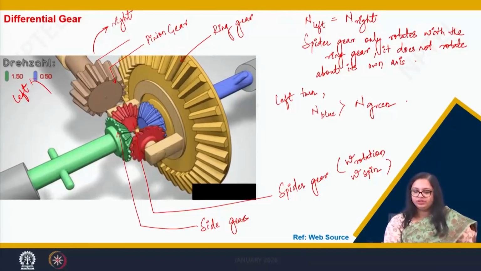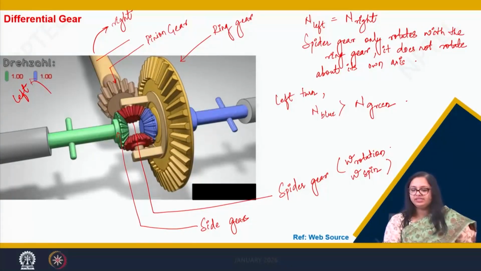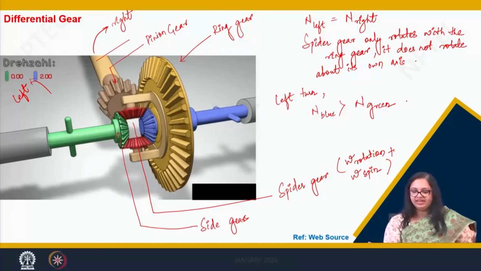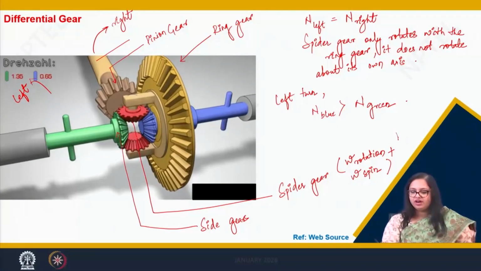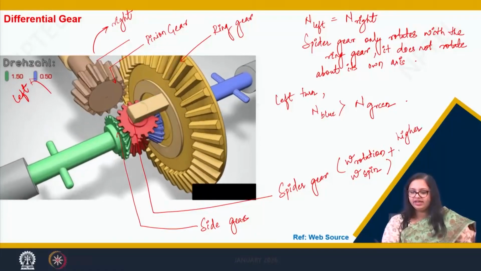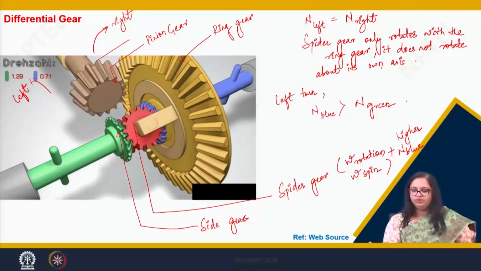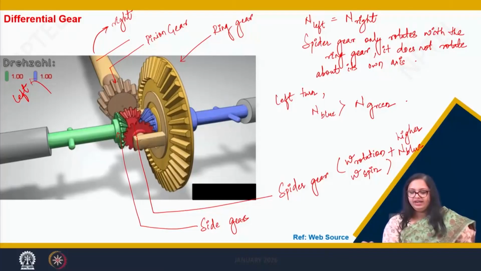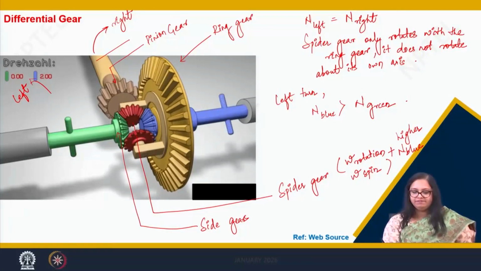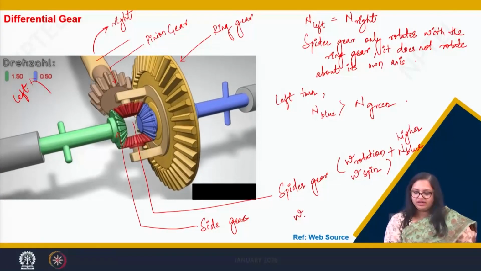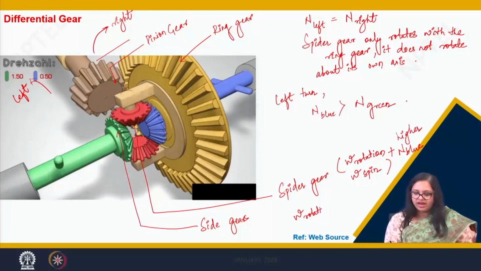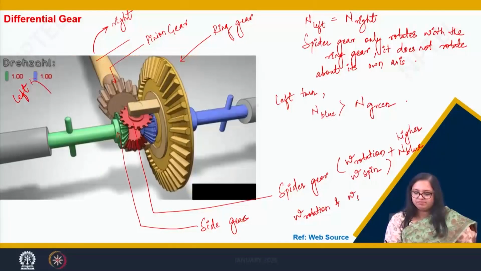These two components get added up to give a higher speed, a higher N blue. There is a difference of omega rotation and omega spin.